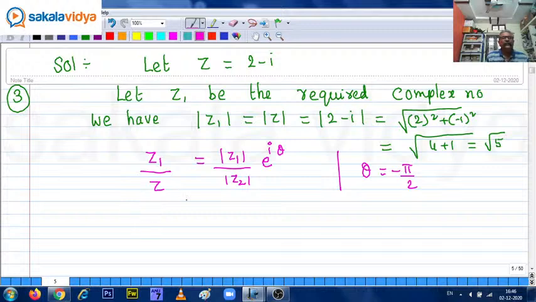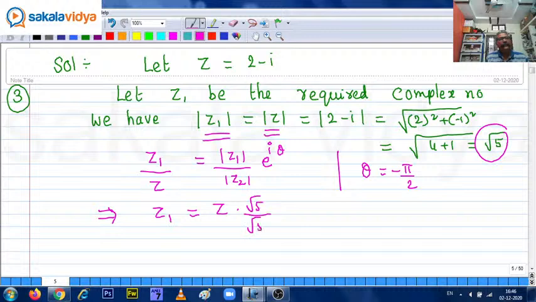So z1 equals z times mod z1 by mod z, both equal to root 5, so root 5 by root 5, into e power minus i pi by 2. This cancels. Here z equals 2 minus i, multiplied by this value we need to write.